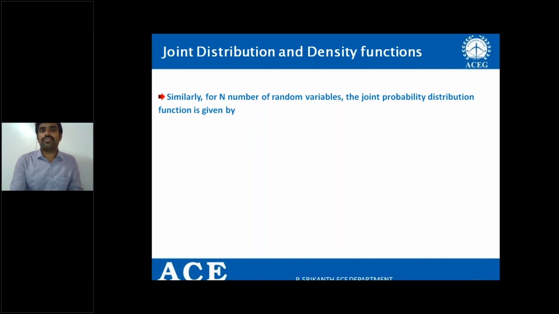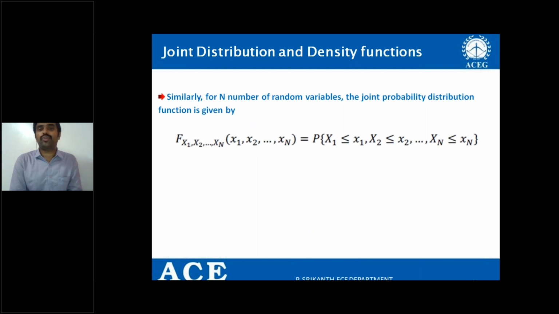If there are n random variables, the joint distribution function is given by P of X1 less than or equal to x1, comma, X2 less than or equal to x2, and so on, Xn less than or equal to xn. It is the way to define the joint distribution function for n random variables. Let us discuss this distribution with one real-time example later.